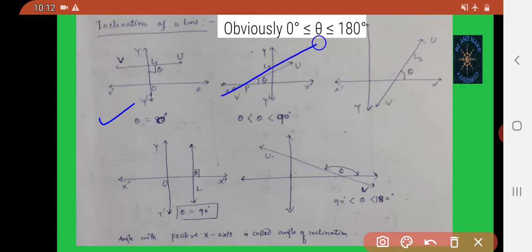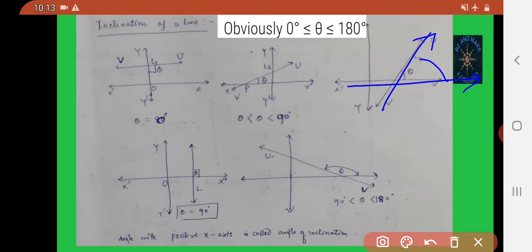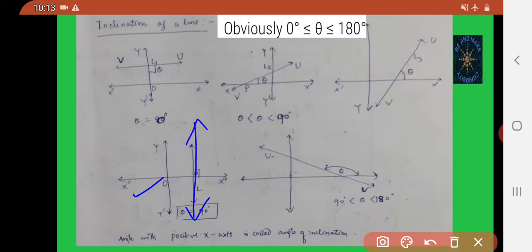Here you see this line and the positive x-axis direction, and you go in the anti-clockwise direction, then you get the theta value, that is the angle of inclination. Here also, from the positive x-axis in the anti-clockwise direction, the angle of inclination is this theta value. Here you see the line which is vertical, means perpendicular to the x-axis.